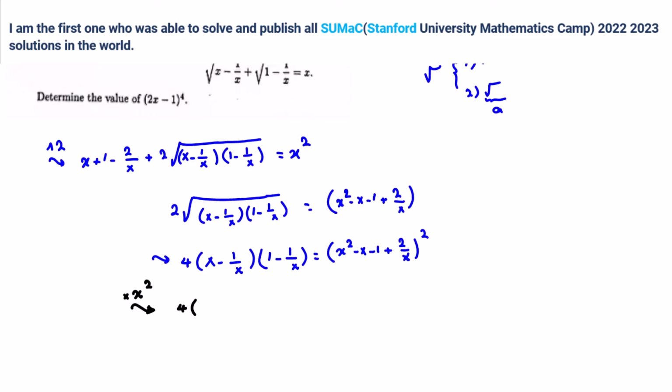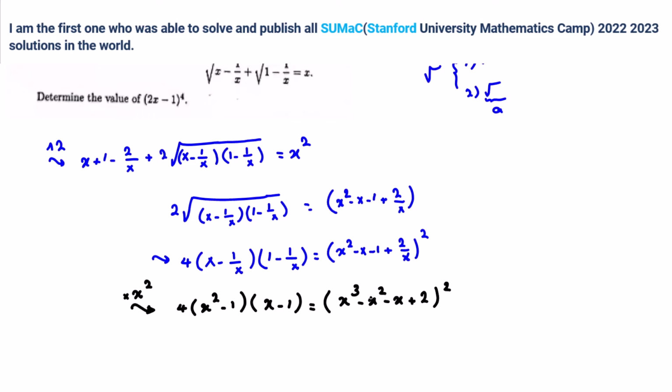Would not be equal to 4x squared minus 1, I mean x squared minus x. No, minus 1 times x minus 1. Yeah. What about the right hand side? The right hand side would be x cubed minus x squared minus x plus 2, squared.